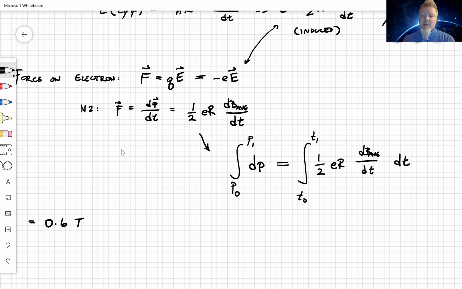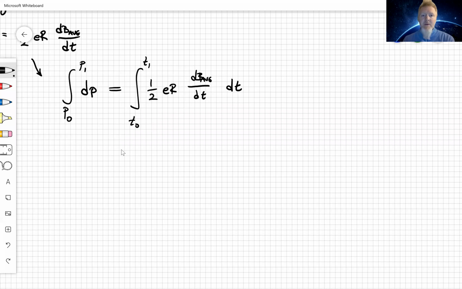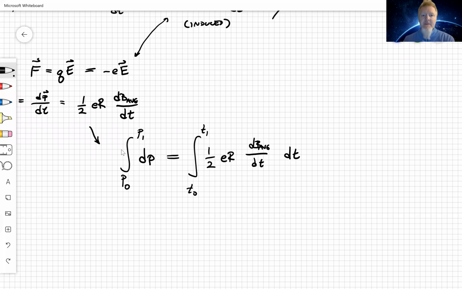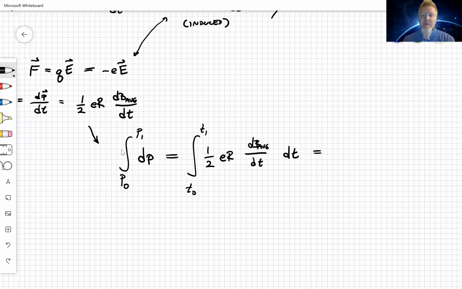Well, whenever you integrate a derivative, it goes away. So this thing on the right really becomes just a magnetic field integral. So if I take those dt's away, this thing really becomes not a time integral anymore. Now it becomes a magnetic field integral, 1/2 eR dB average.